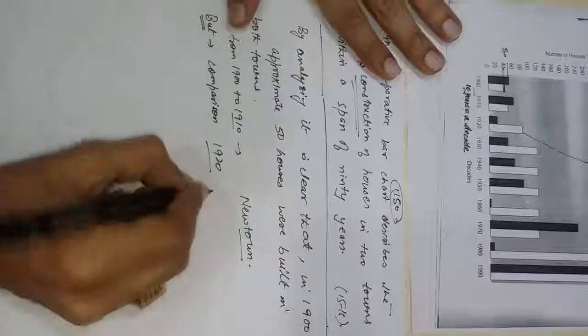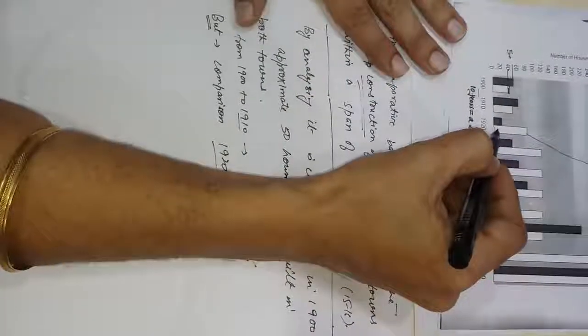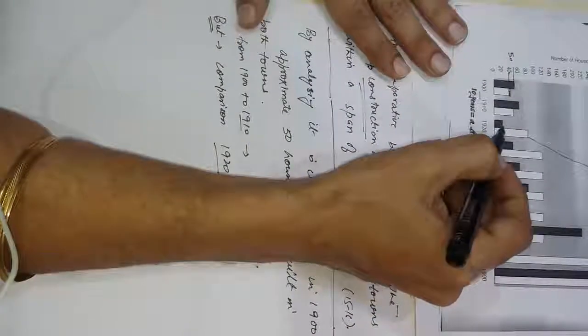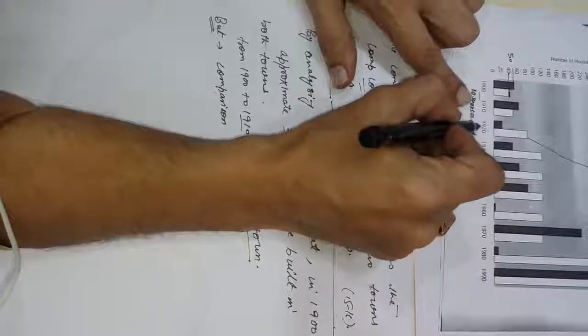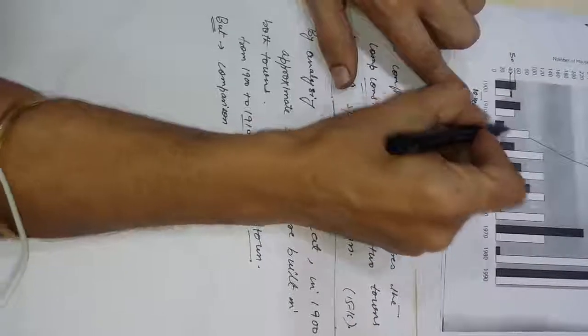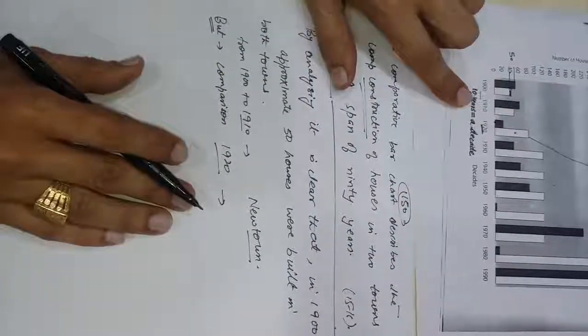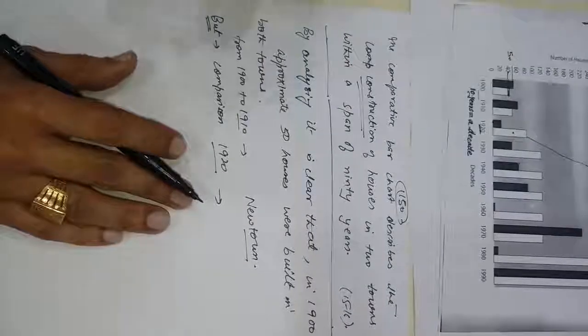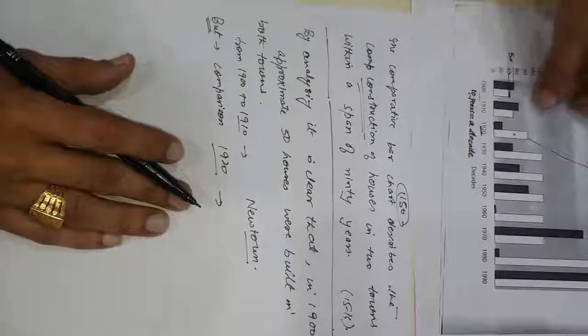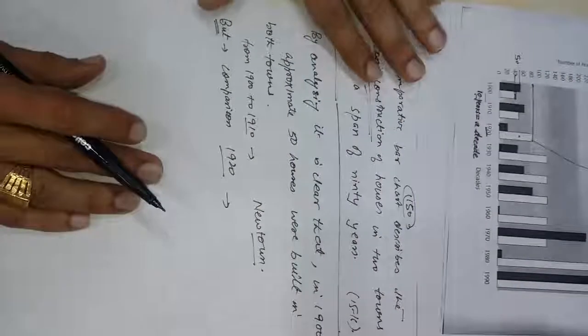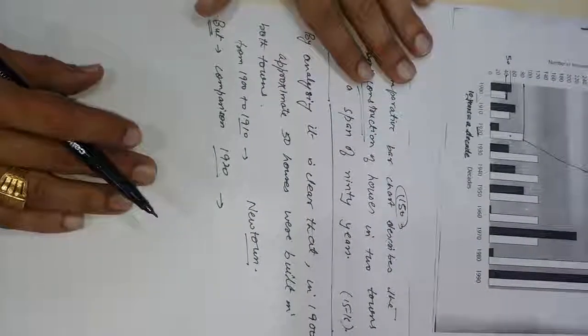The number of houses in Newtown declined in 1920, but in the second town it increased very sharply or dramatically, any word we can use, and it touched a figure of around 80.